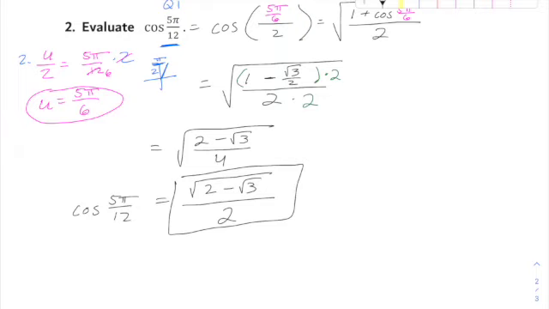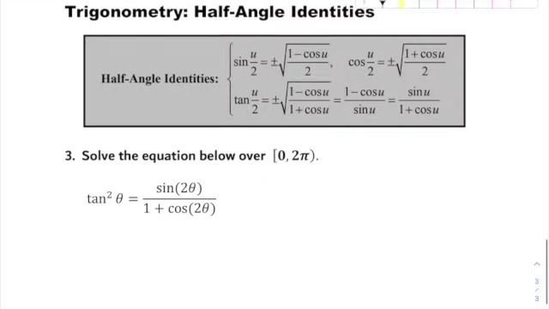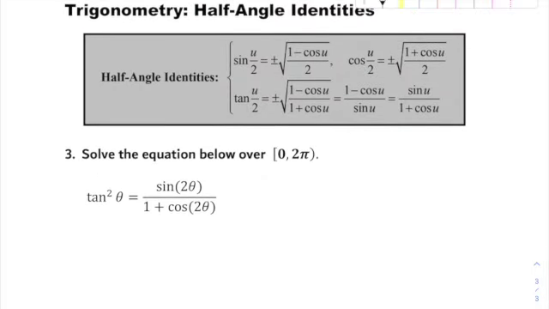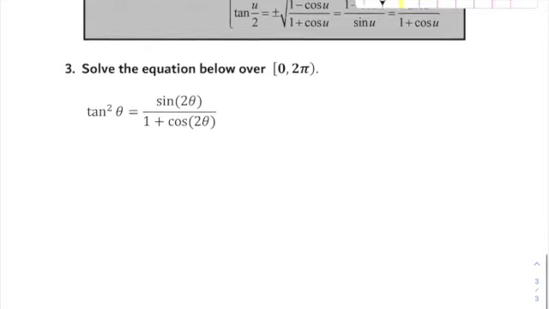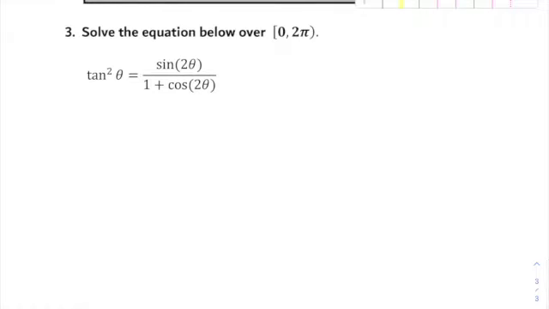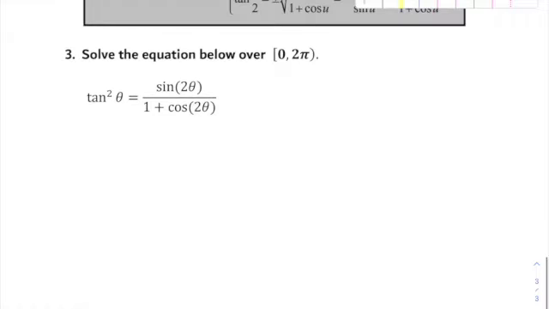Okay, last example here. Another thing you can do is sometimes you use these in the midst of larger equations you're trying to solve. So check this equation out. Trying to solve this equation over the interval 0 to 2 pi, tangent squared theta is equal to sine of 2 theta over 1 plus cosine of 2 theta.